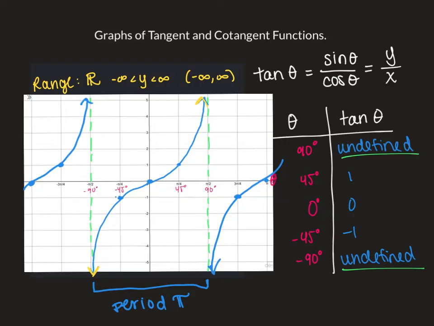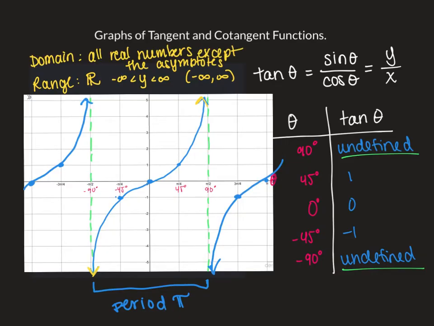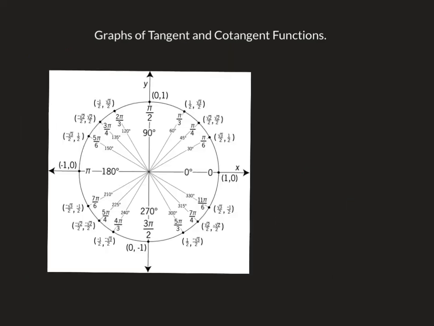So all of our x values or theta angle values can be all but all the multiples of 90 or pi halves. And the reason is every single time we rotate to 90 or negative 90 degrees, we're just going to get another asymptote. Now let's consider the graph of the cotangent function.